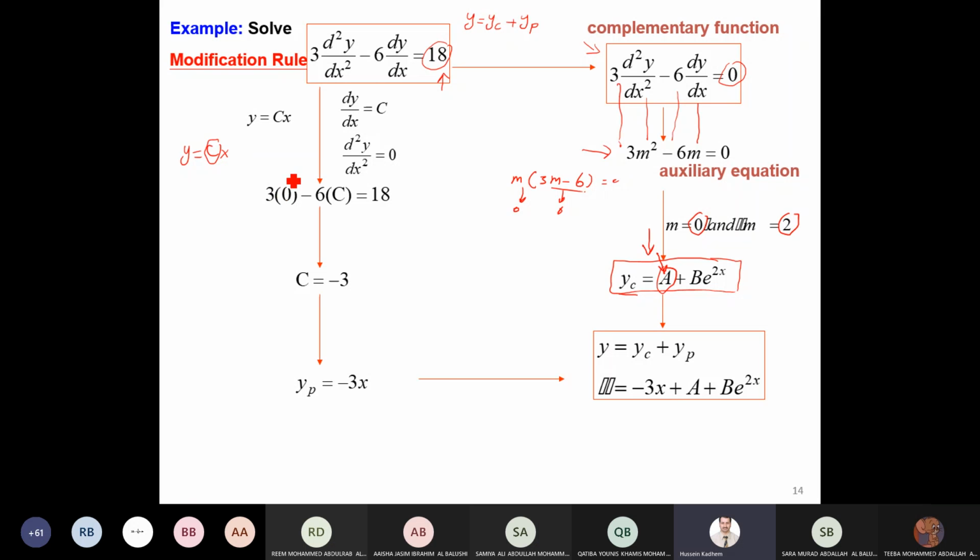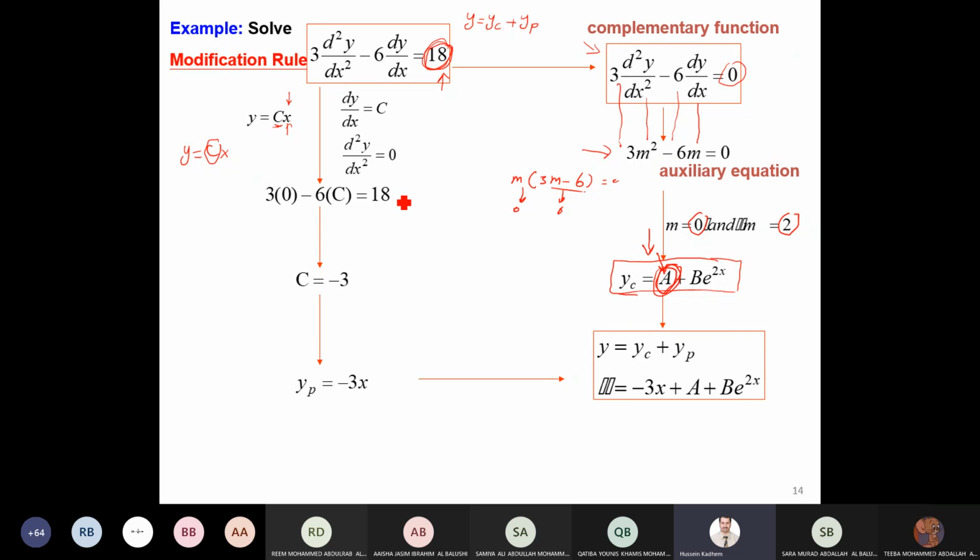This is the modification. It's supposed to be only c from the table, because here I have only a constant. But I multiply by x, because in the complementary there is also a constant. So in the non-homogeneous part constant and in the complementary constant, then I need to do modification.